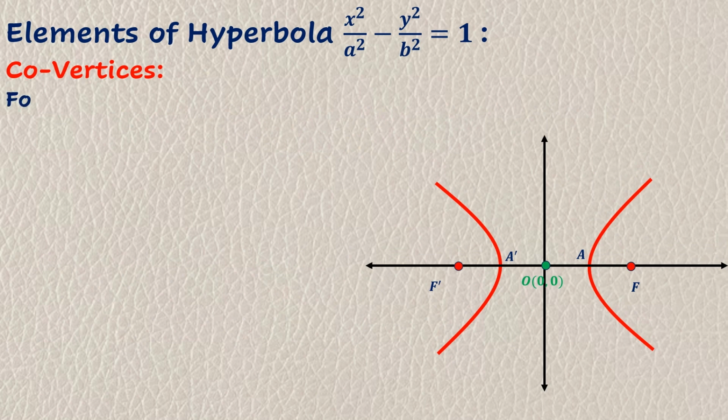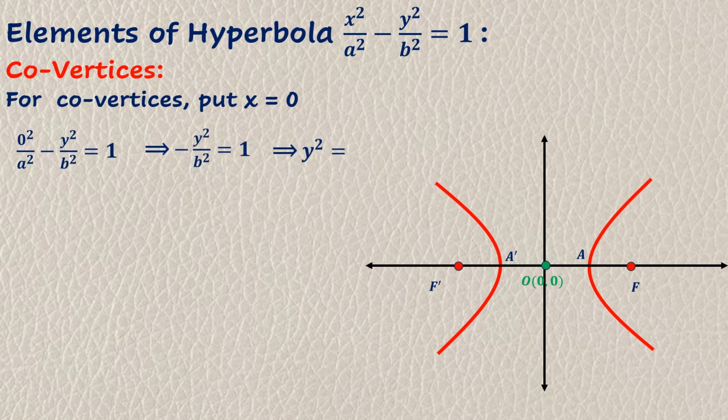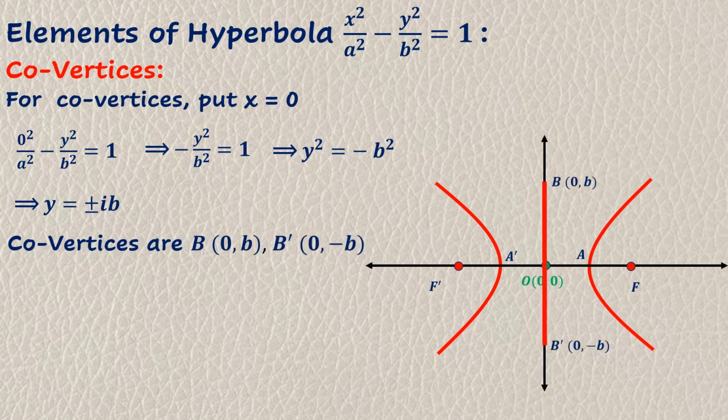Co-vertices of hyperbola. To find co-vertices, we just put x is equal to 0 in the equation of hyperbola, and we get y square is equal to minus b square, which gives y is equal to plus minus iota b. Therefore, co-vertices of hyperbola will be B(0, b) and B dash (0, minus b). One more thing to be noticed is that here, as y is equal to plus minus iota b, iota is present.